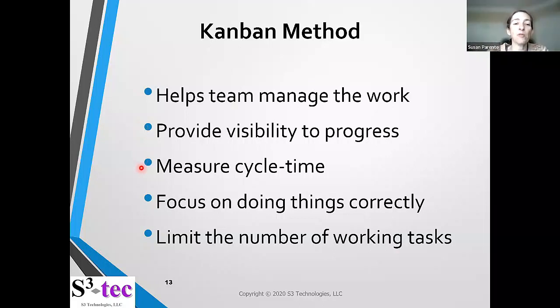It helps you measure cycle time, which is how long it takes from when you start working on something to when you finish it. That's really important. It also has you focus on doing things correctly, and it limits the number of working tasks. Like I said, we want to complete more things, but work on fewer things at once.